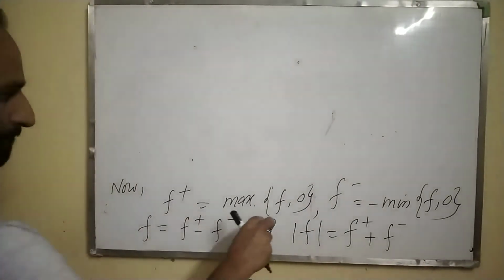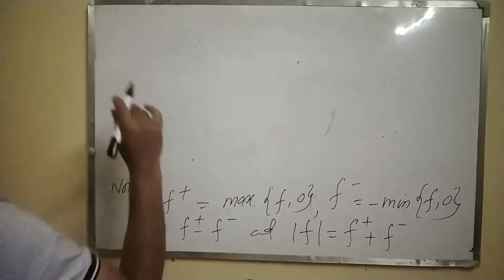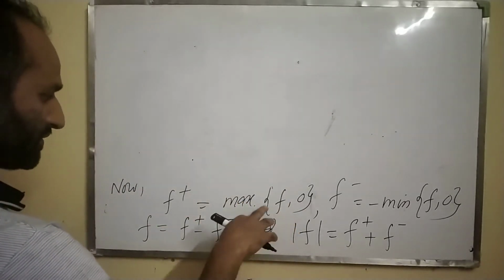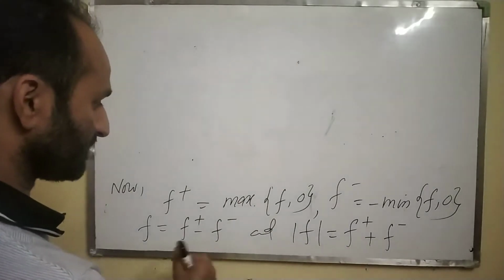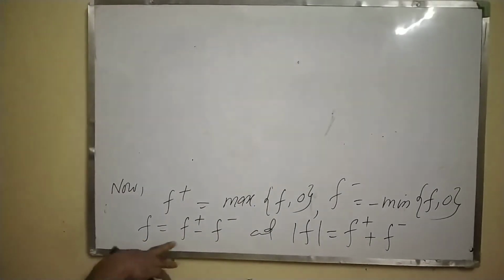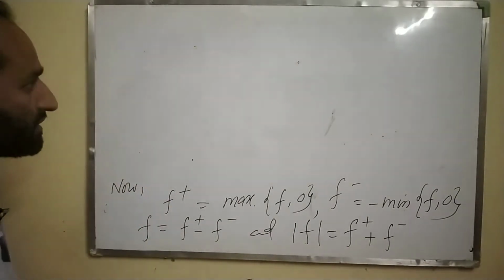So suppose f of x is greater or equal to 0. Suppose we first assume that f of x is positive, then we assume that f of x is negative, and we try to show that f of x is equal to f plus x minus f minus x.